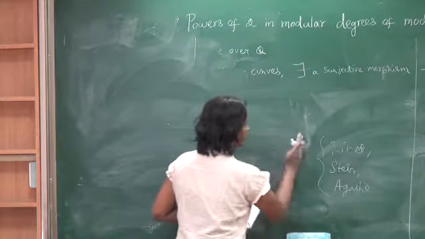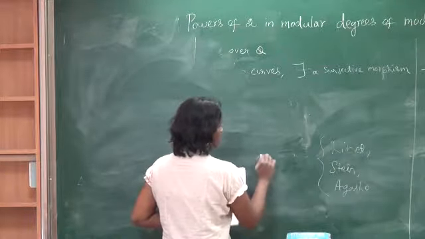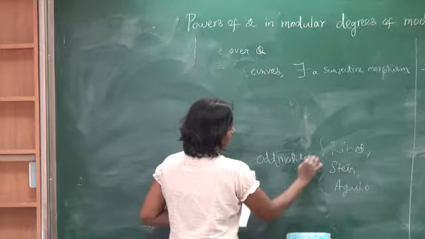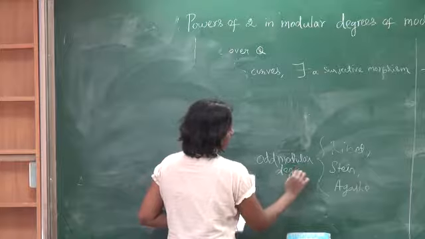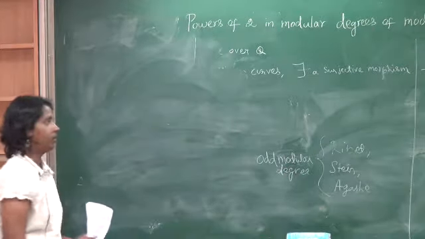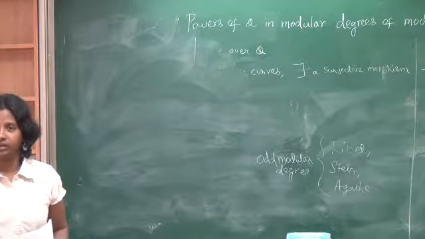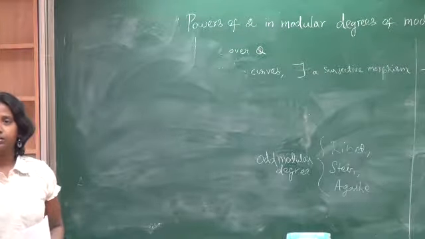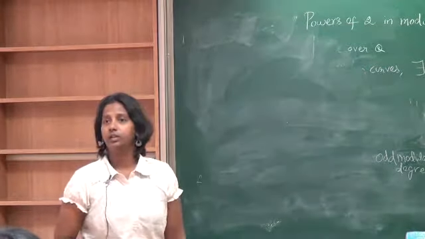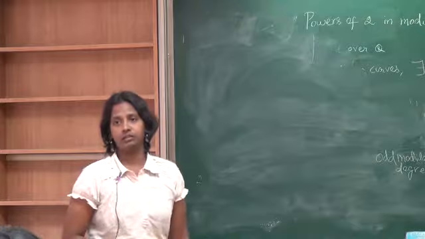All those people worked out what happens for odd modular degree, when the conductor is odd and the modular degree is odd. So we are considering only the case when n is even.